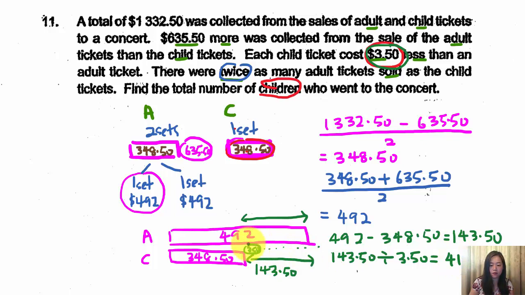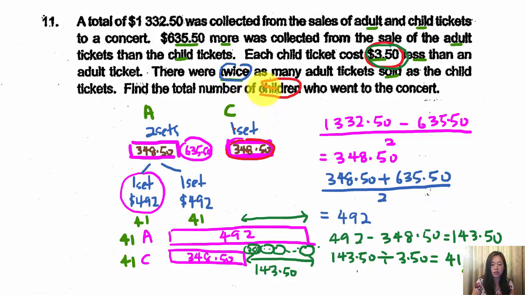It means there are 41 of this extra $3.50, which means that there are 41 adults here and 41 children here. So the number of children is actually 41.